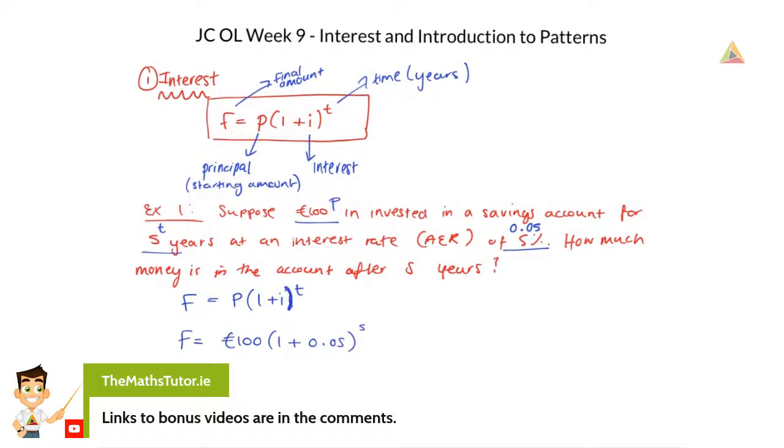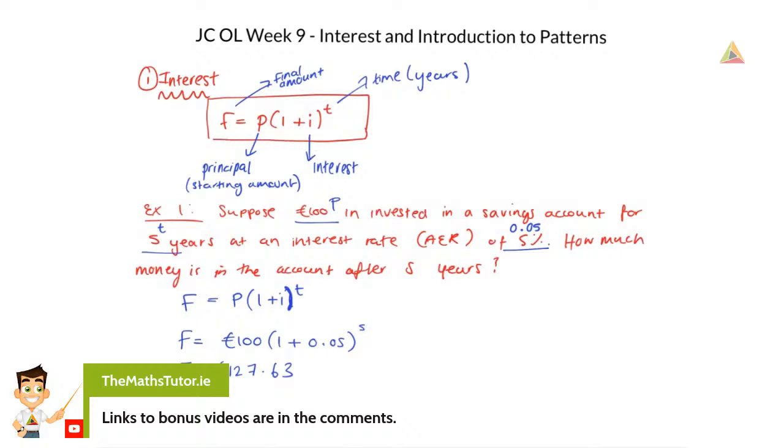You can literally put that straight into the calculator, and you will get an answer of €127.63. So the answer is, after 5 years, there's €127.63 in the account.